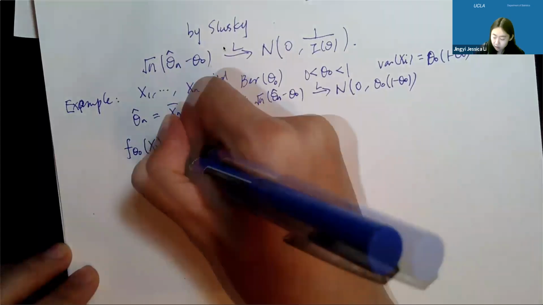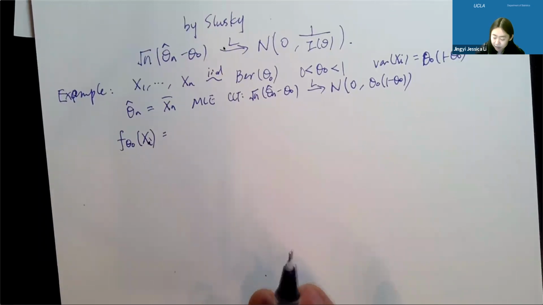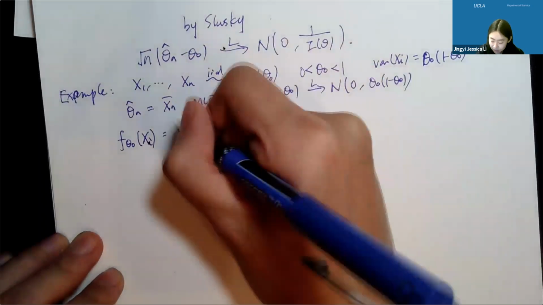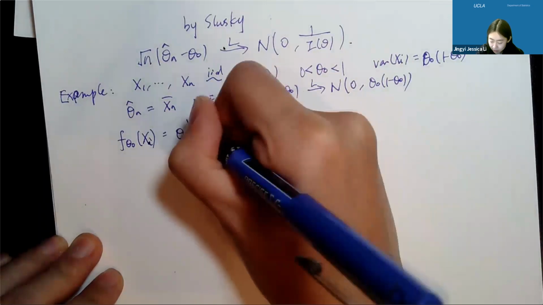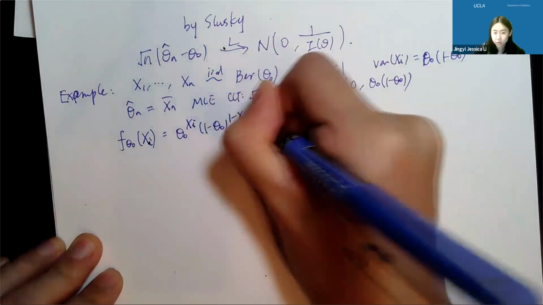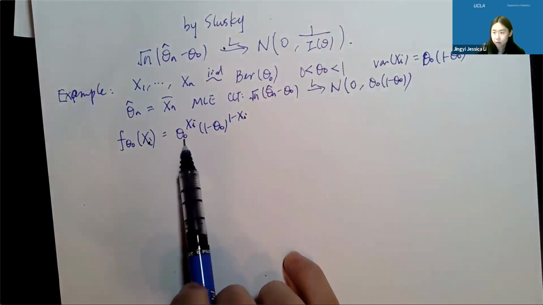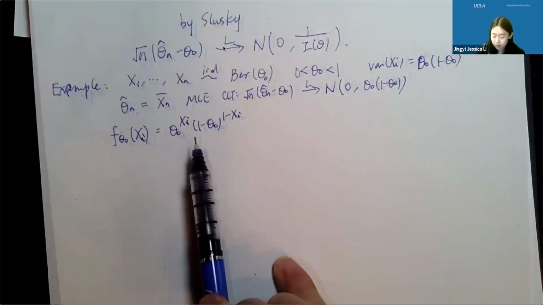We know the density function, or here we should say probability mass function to be more exact, of a Bernoulli is just theta 0 to the power xi times 1 minus theta 0 to the power 1 minus xi. So whenever xi takes value 1, the probability is theta 0. Otherwise, it's 1 minus theta 0.